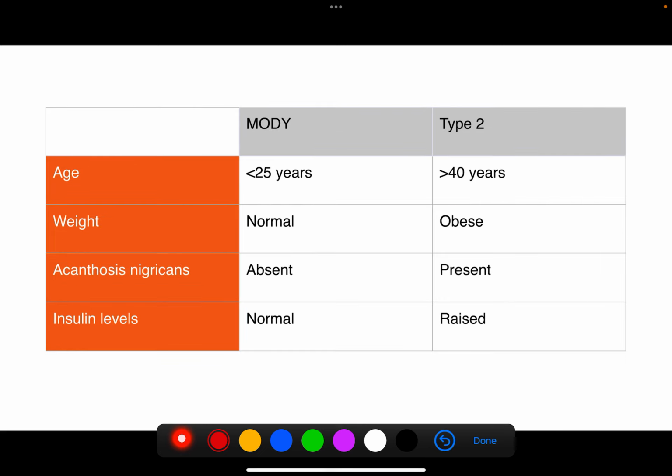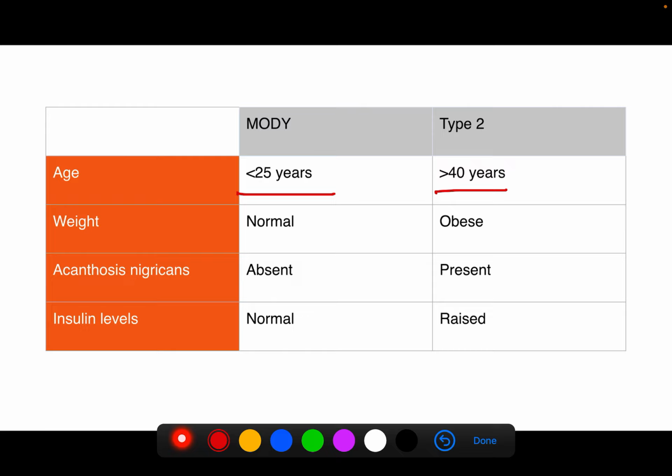Okay. So this table, you don't have to differentiate between MODY and type 2 because the age is slightly different. But sometimes when you come across, you can use this. Age less than 25, age will be the very important differentiating factor here. So less than 25 is MODY.